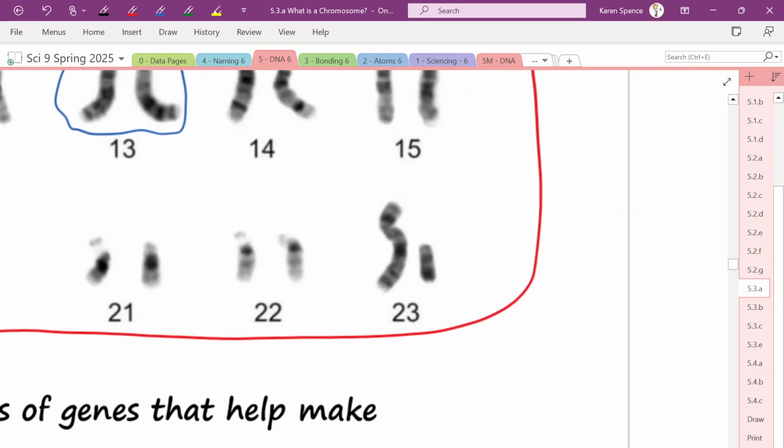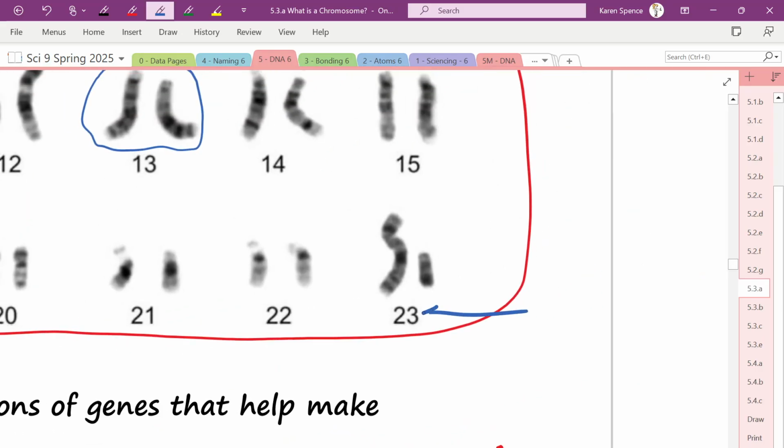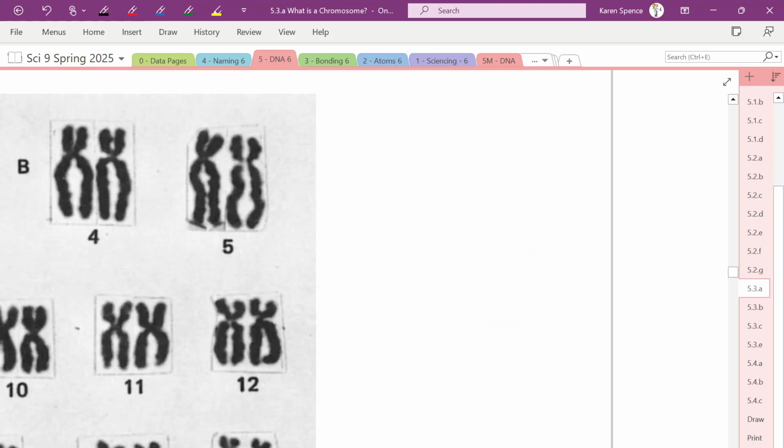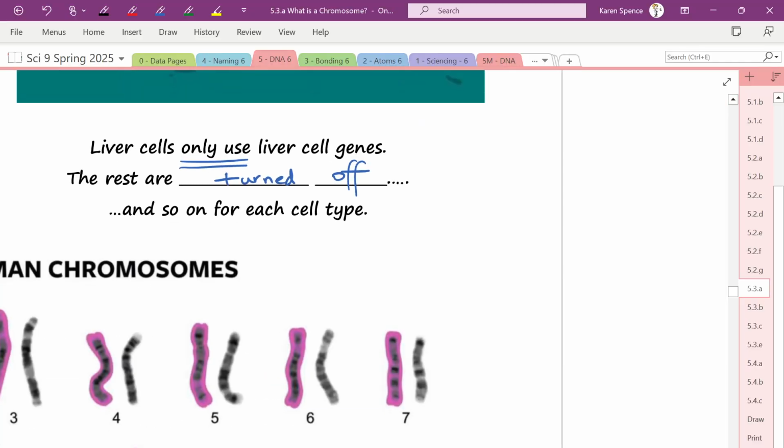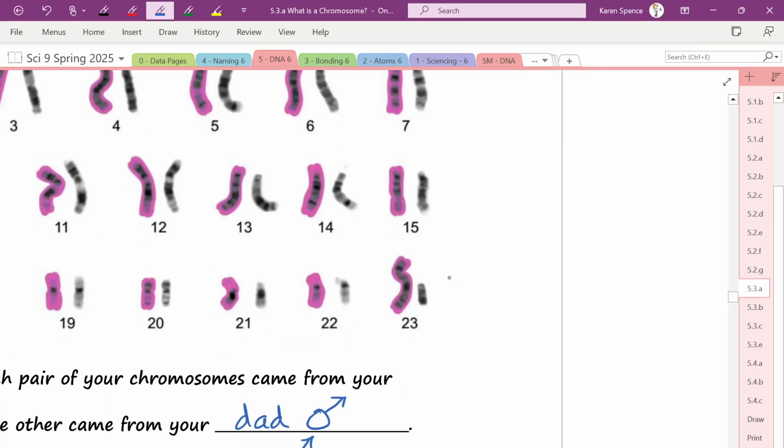23. Chromosome number 23. Let's go back to this one here. Chromosome number 23. These are the sex chromosomes. Okay?